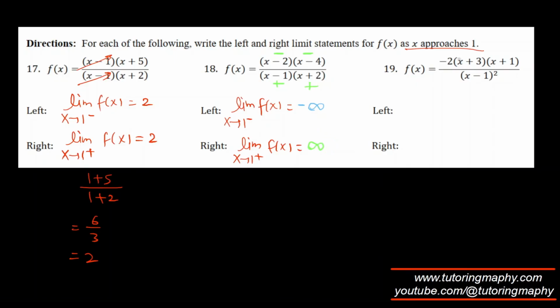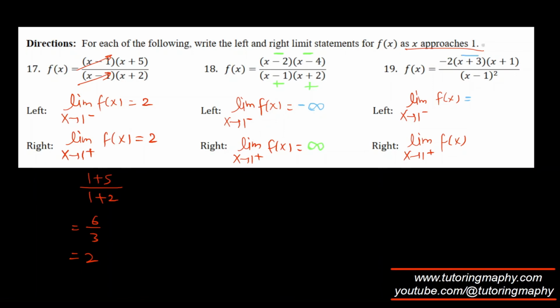Likewise, over here, x approaches 1. This is also a VA, and we'll do the same strategy over here as well. Limit x approaching 1 minus of the function, and limit x approaching 1 plus of the function. Any number slightly less than 1, maybe 0.9.